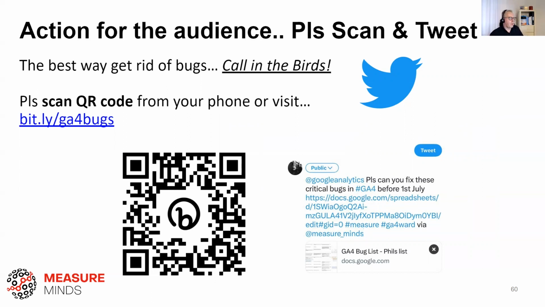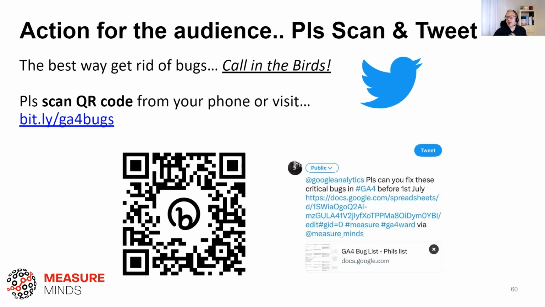So for JavaScript, I would suggest sending a tweet to Google Analytics. That's what this QR code does. If you scan that with your mobile phone, or if you're on desktop, go to bit.ly/ga4bugs, all lowercase, click send on that. And hopefully, if someone's listening to the Google Analytics account, they'll pick that up.